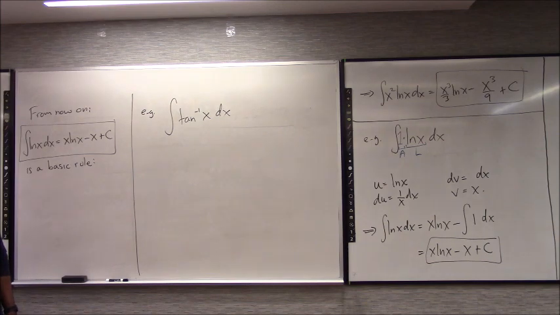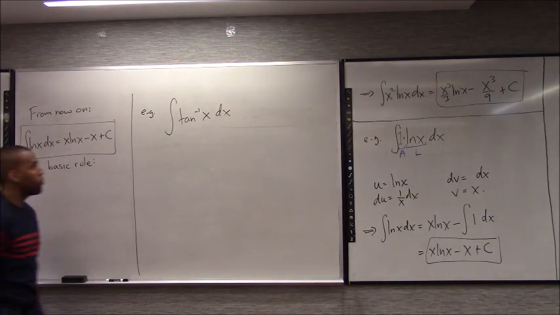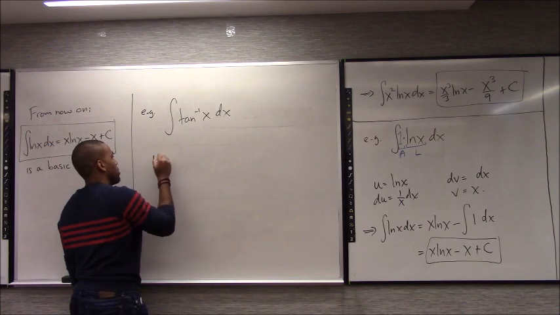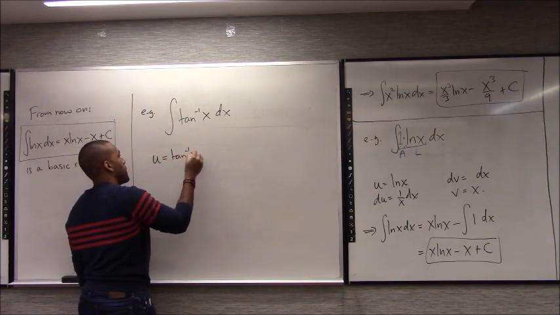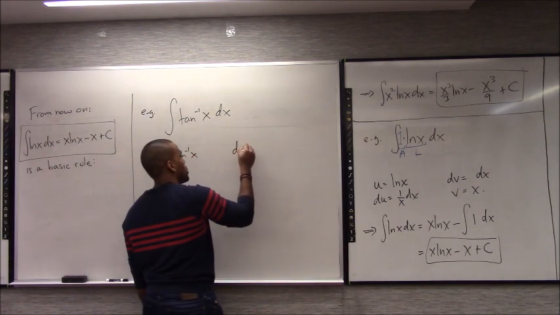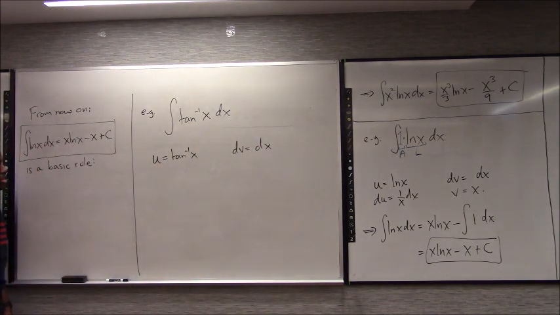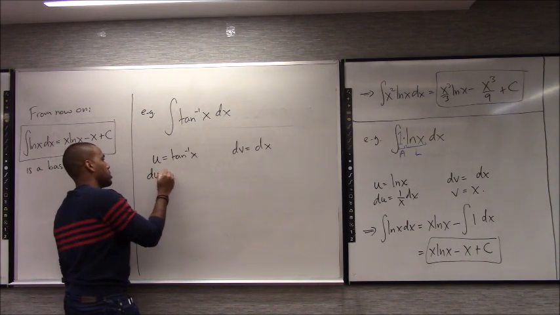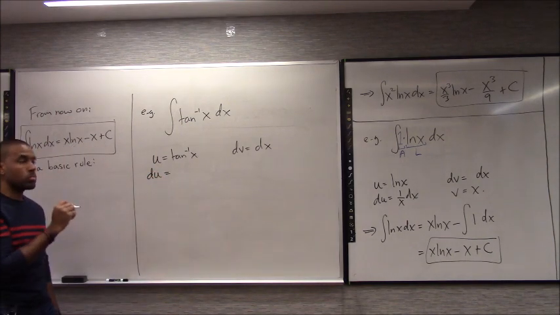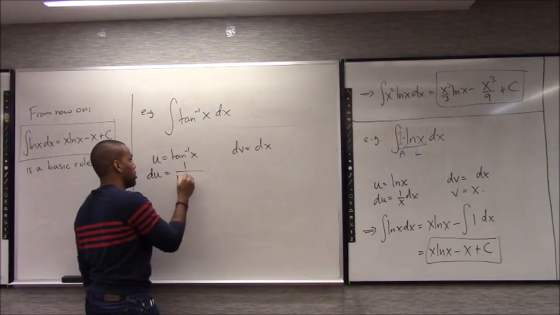You probably didn't learn how to integrate tan inverse in Calc 1, because by parts is pretty much the way you would do it. You would just choose the tan inverse as your u. What's the derivative of tangent inverse? 1 over 1 plus x squared.